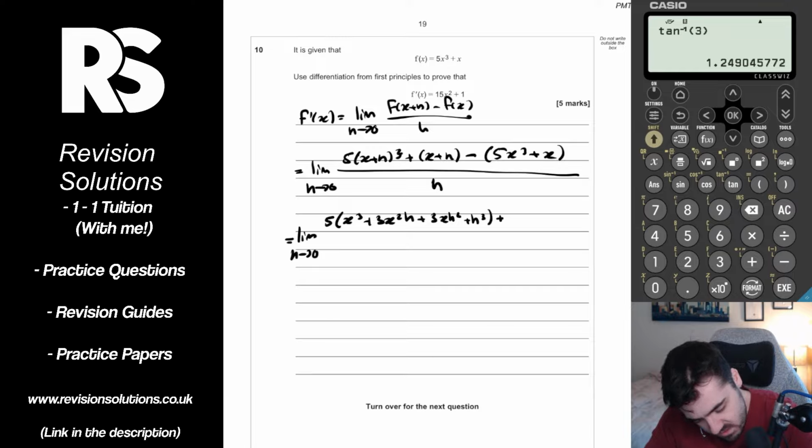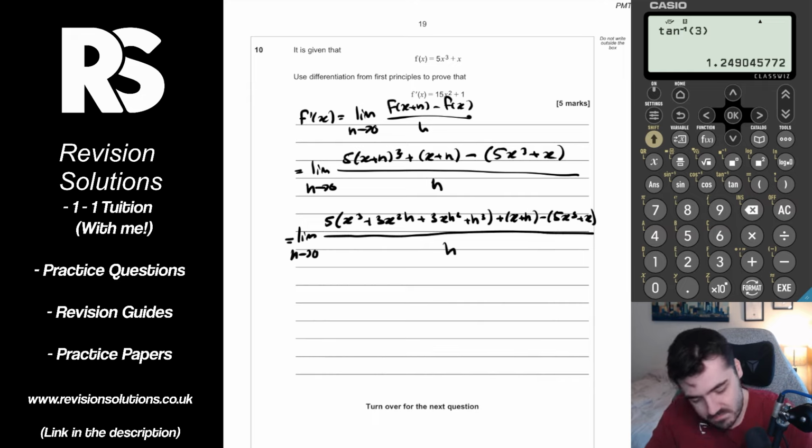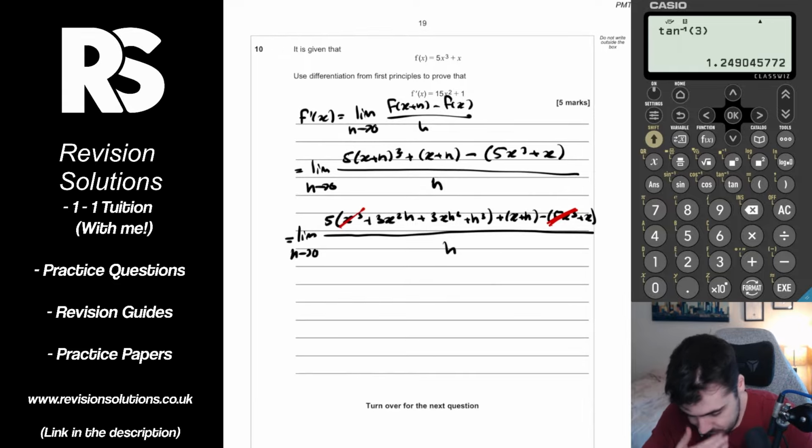Then the x plus h, then minus the whole bracket 5x cubed plus x, all over h. Now let's tidy up. Some things are going to cancel. We've got a 5x cubed from here, and that's going to cancel with that first term over here. Then we've got an x in here and a minus x from this bracket here, so those terms are also going to go.